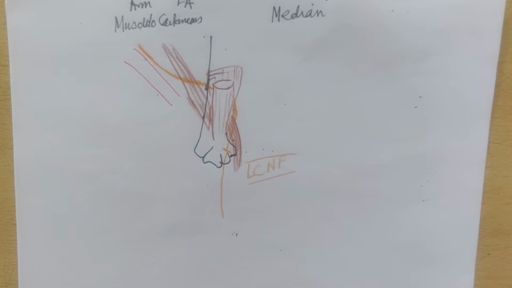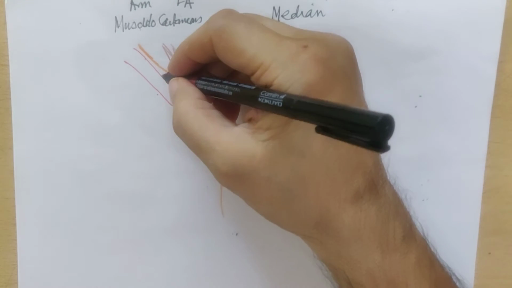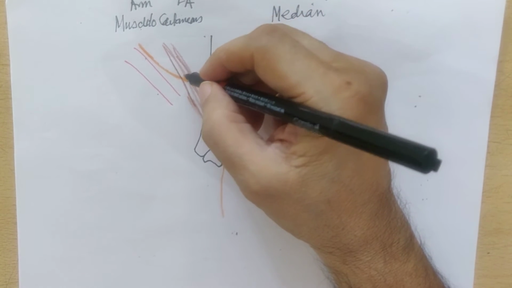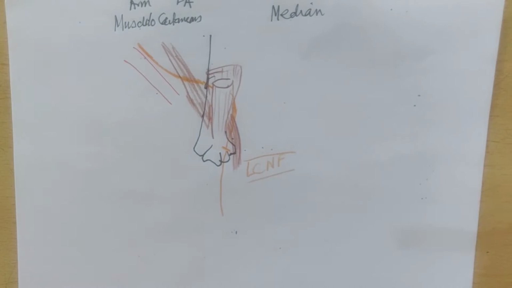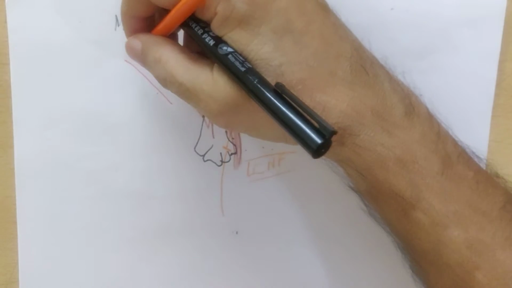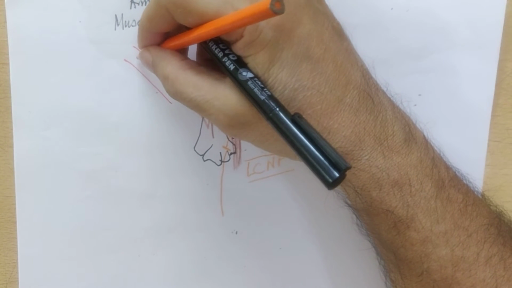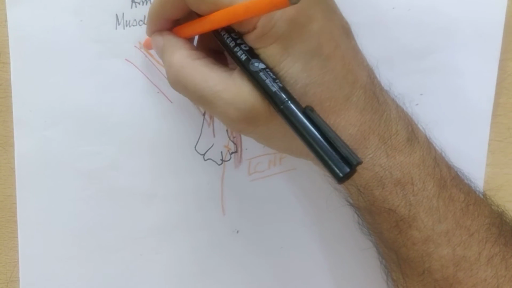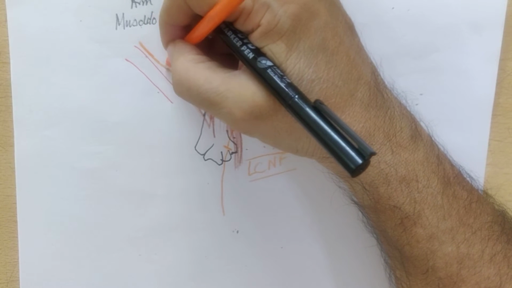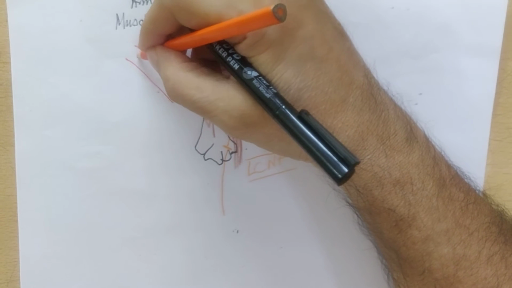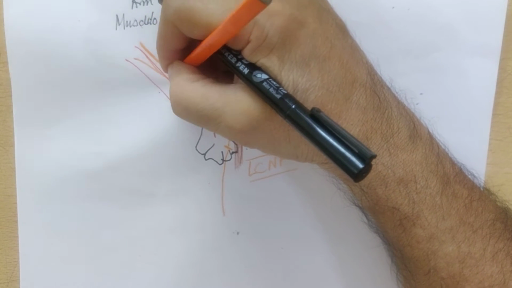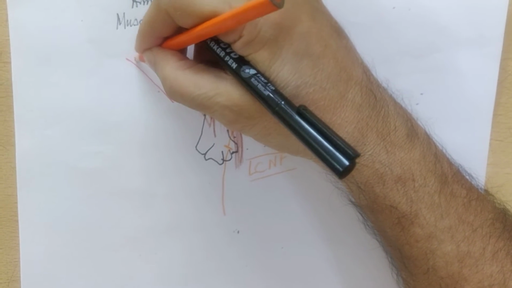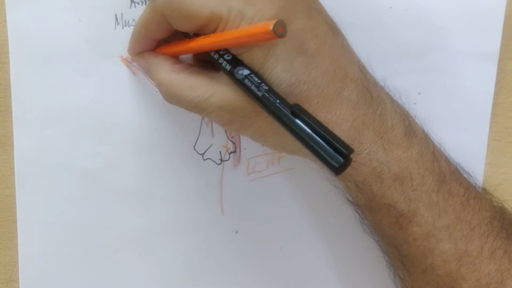So the median nerve is formed on the lateral side of the artery. So when the musculocutaneous leaves, median nerve is formed by the lateral and the medial cord. This is from the lateral cord and this is from the medial cord.